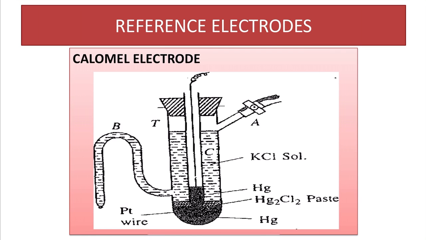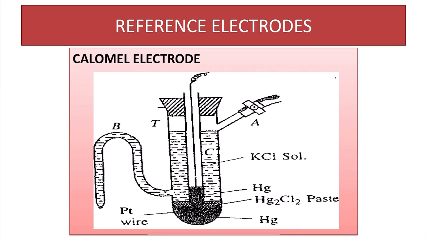Now let us understand what is meant by a calomel electrode and how we construct it. The electrode vessel consists of a bulb. If you observe in this diagram, you can see a bulb in which a little mercury, that is Hg, is placed at the bottom. So here at the bottom, mercury has been placed.